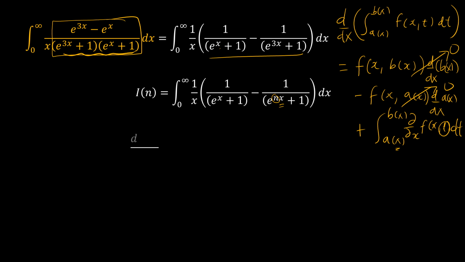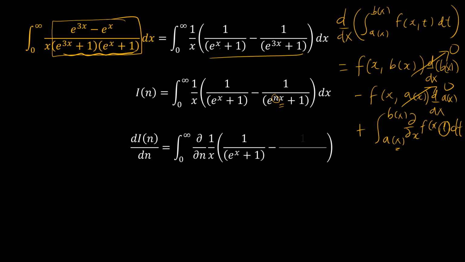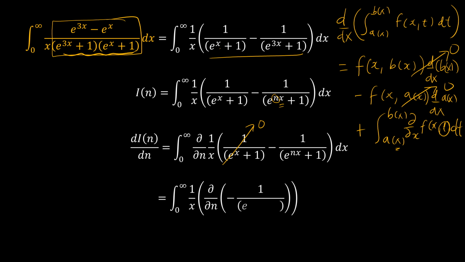But now, if we differentiate I(n) with respect to n, we get the partial derivative of the integrand because the limits are constant, right? And so the partial derivative means that this part will go to 0 because there is no n involvement there. So our integrand now becomes 1 over x times the partial derivative of negative 1 over (e^(nx) plus 1).